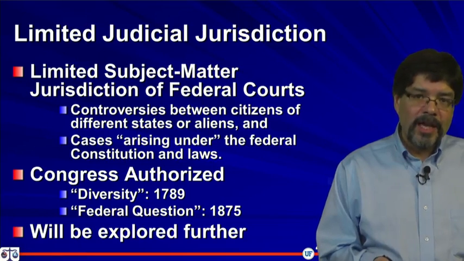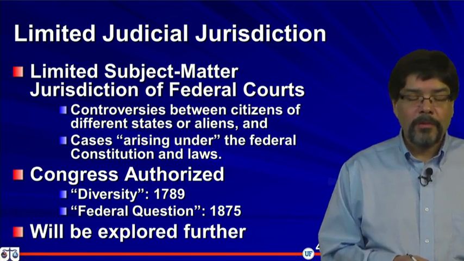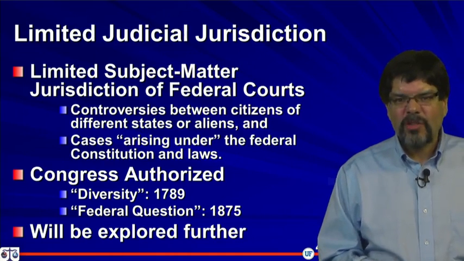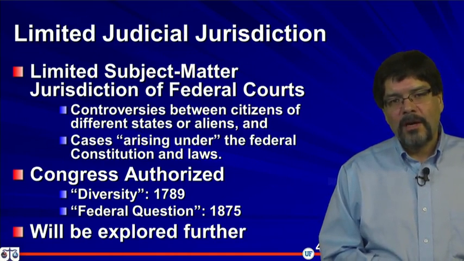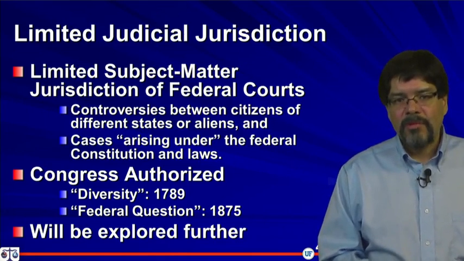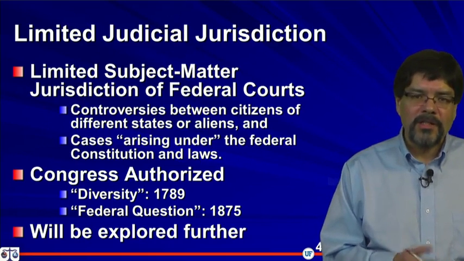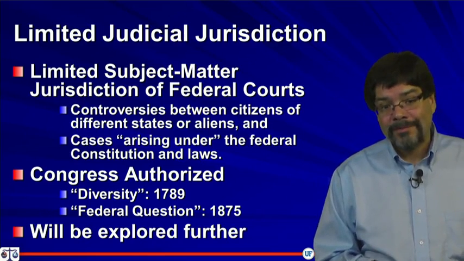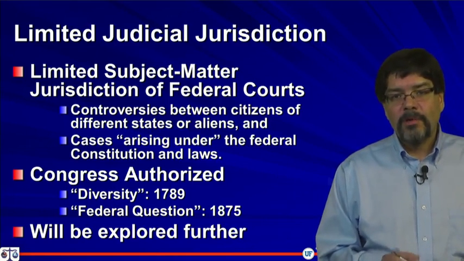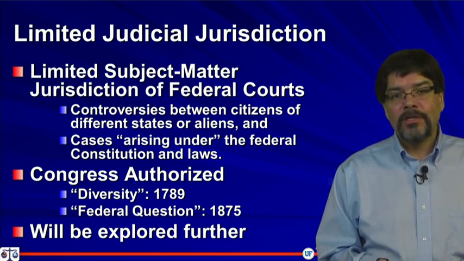The statutes that provide for the exercise of jurisdiction in the lower federal courts primarily deal with so-called diversity jurisdiction, meaning the controversies between citizens of different states, and that includes also alienage jurisdiction, that jurisdiction based upon a suit involving a United States citizen and a citizen of another country. And then what we label federal question jurisdiction, which are questions arising under the Constitution or the laws of the United States.